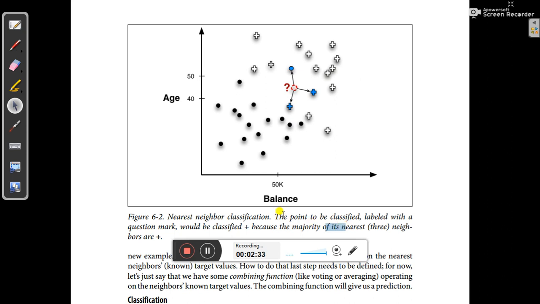Here you can see this question mark point will be classified as plus because the majority of these neighbors are plus. Only one is not plus, two are plus. Then we can say that this object, which is now a question mark, is going to be classified as plus.